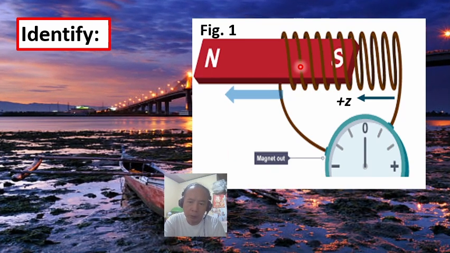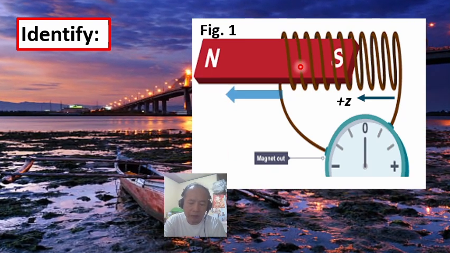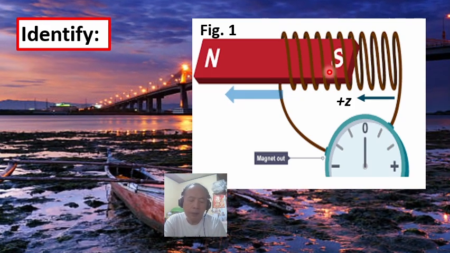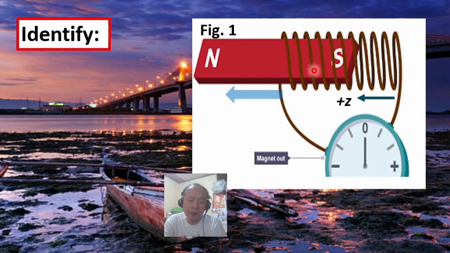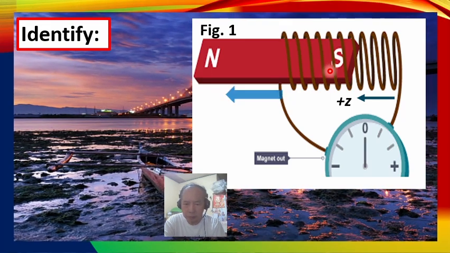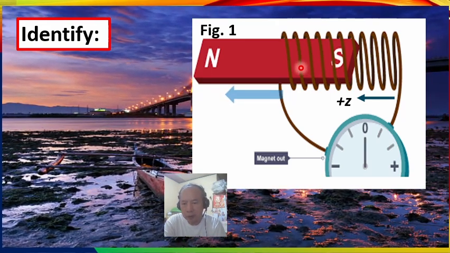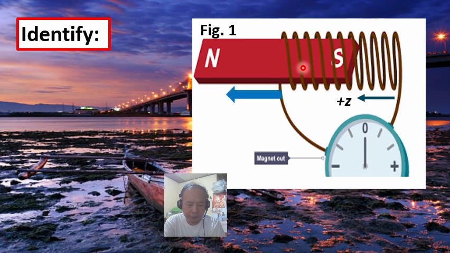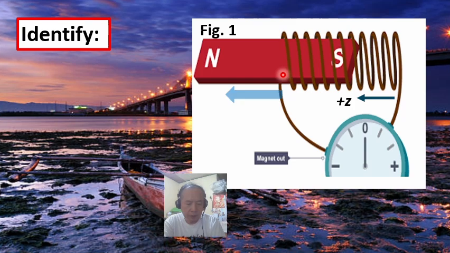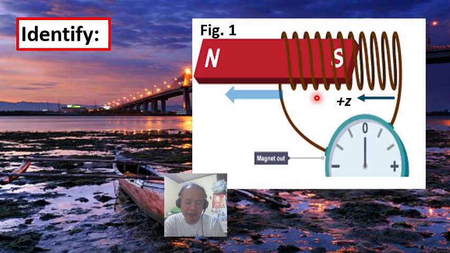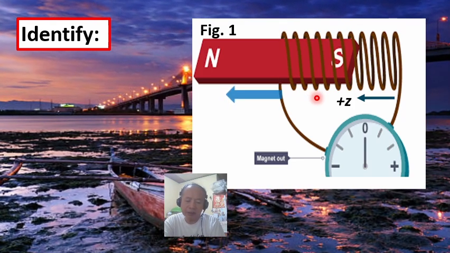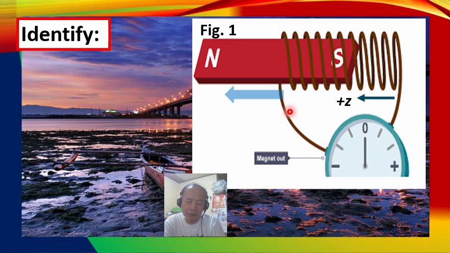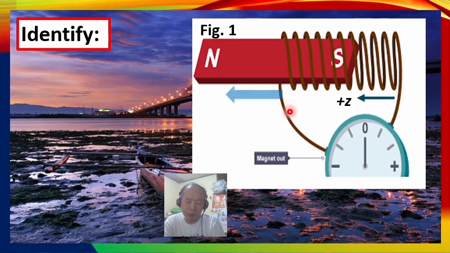Magnetic flux is the product of the magnetic field and the area of the coil. How fast the magnetic flux changes as a function of time defines the induced EMF in the coil of wire.